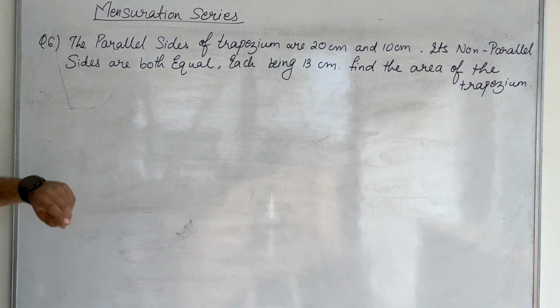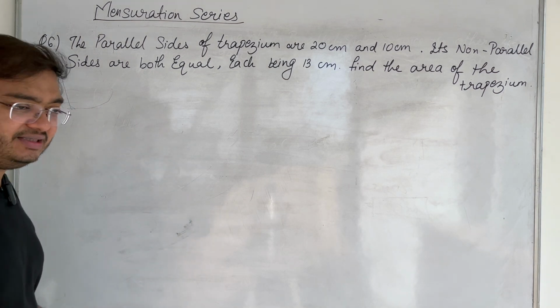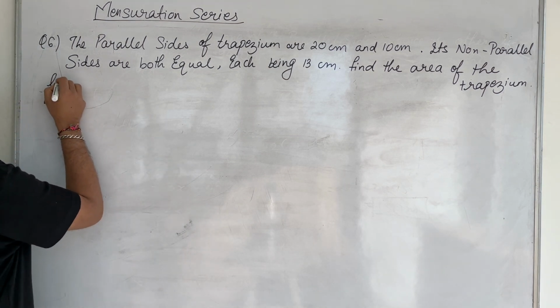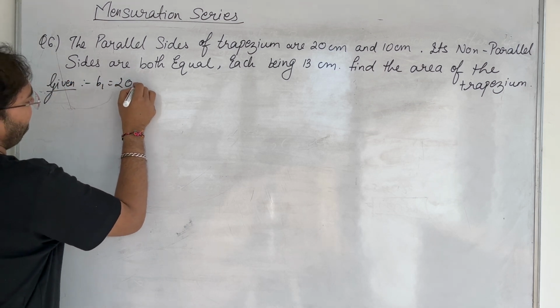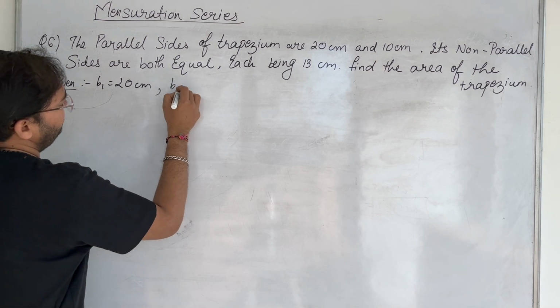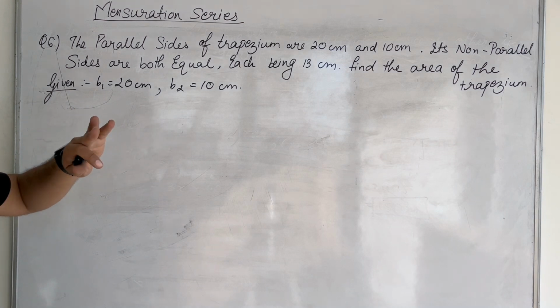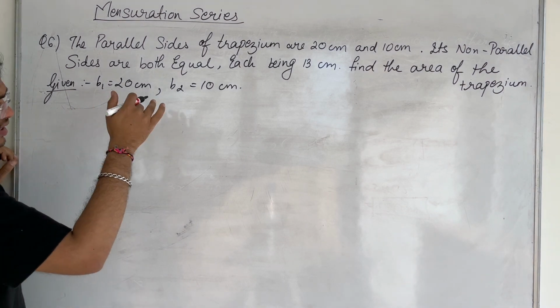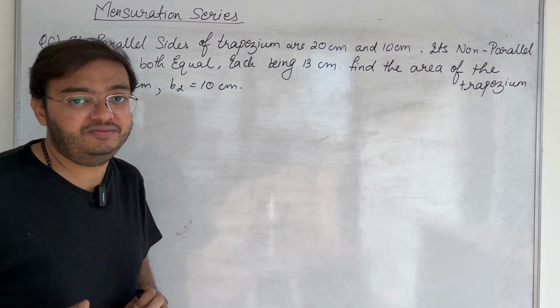The parallel sides of a trapezium are 20 centimeter and 10 centimeter. That means we are taking the parallel sides as b1 and b2. So let us write down the given data: b1 is 20 centimeter, b2 is 10 centimeter. Its non-parallel sides are both equal, each being 13 centimeter. This is something new.